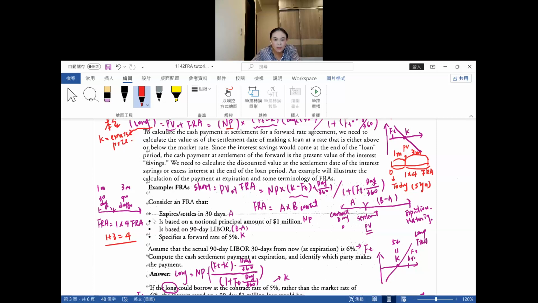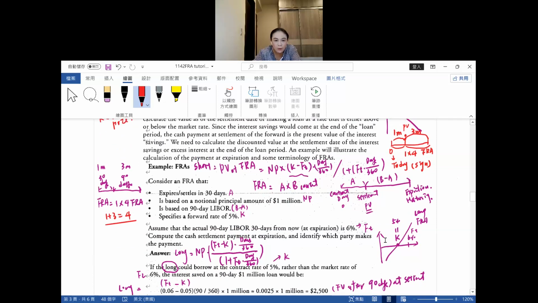So this is why we call it a 1 times 4 FRA. All right. So take a look at this example. Consider an FRA that expires, settled in 30 days. So you know that basically you will compute your gain and loss in 30 days. And 30 days based on 90 days LIBOR. All right. So here you see your expiration day, contract day to settlement A, is 30 days.